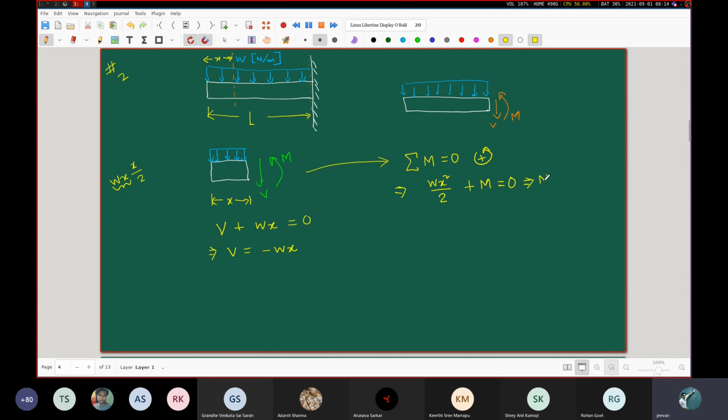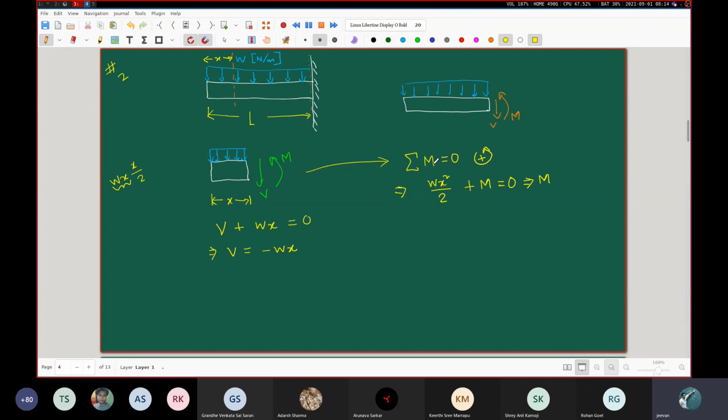So for our answer for the expression of the bending moment, please understand that when I'm writing this sigma M, this M and this M, they are not the same. So maybe you consider it to be some kind of a generic M. This is not the same as this.